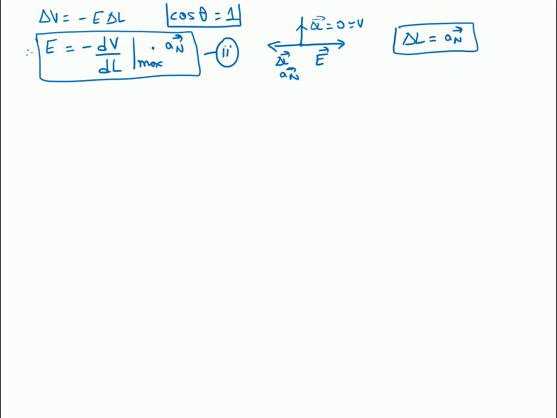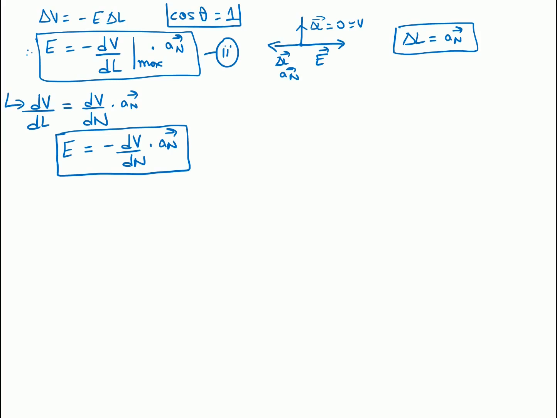Now we want to introduce another element into the equation, where the rate of change of voltage can also be written in terms of n such that it corresponds to a_n. This means that equation 2 can be written as minus dV by dn along the a_n normal vector. This is another way of representing it, where we basically changed L into any distance that is n.